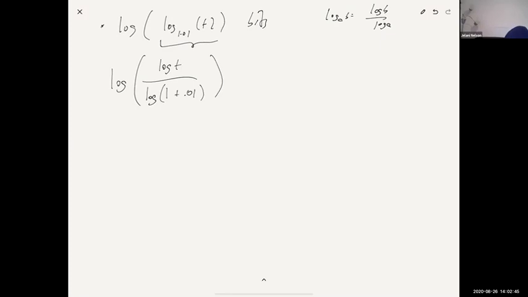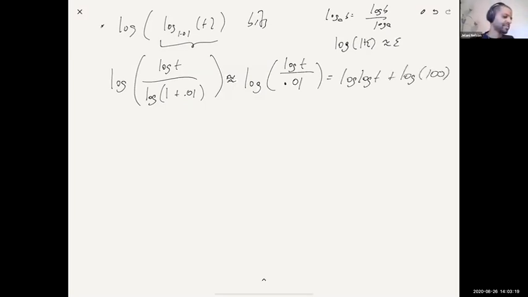And another thing to remember is that basically by Taylor expansion, the log of 1 plus epsilon is roughly epsilon. So this is roughly log of log t divided by 0.01, which is log log t plus log of 100, right?